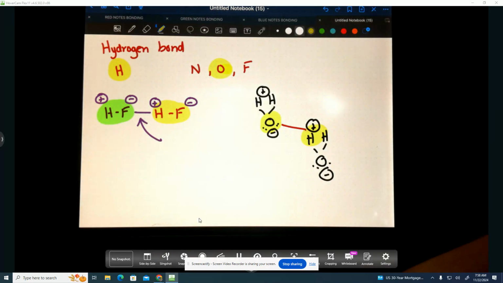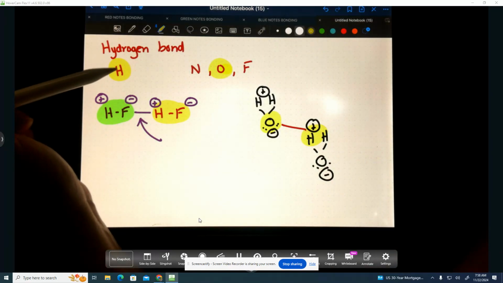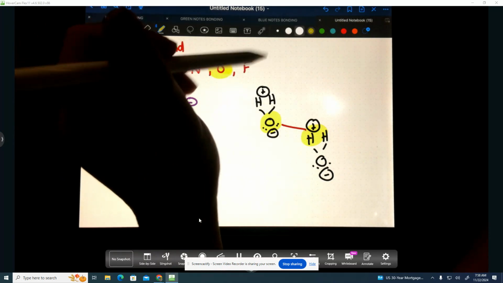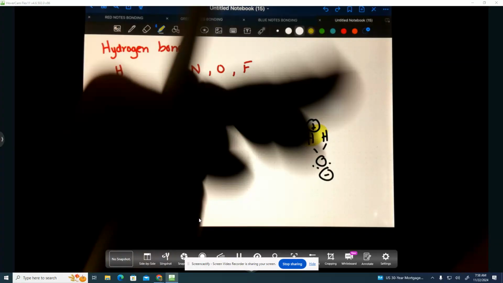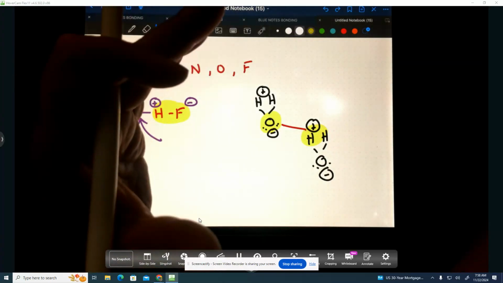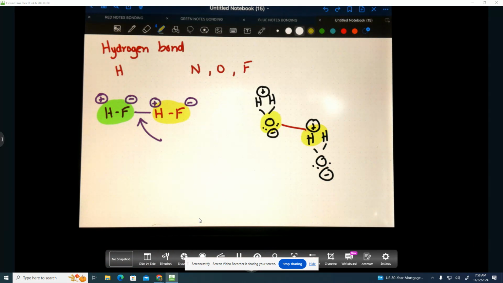Hydrogen bonds only occur when they have a hydrogen in one molecule and either a nitrogen, oxygen or a fluorine in another. Now, good news for you is that the Regents only gives you 3 hydrogen bonds that you have to remember. HF, water, and ammonia. Water is the one they're probably going to ask you about. They're going to say, water has blank types of bonds or blank type of intermolecular force, and the answer is going to be hydrogen bonds.